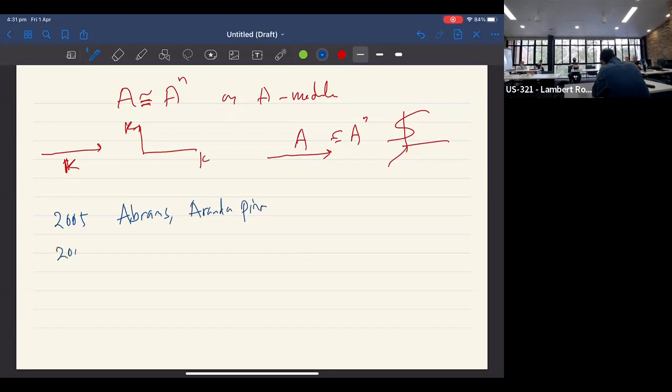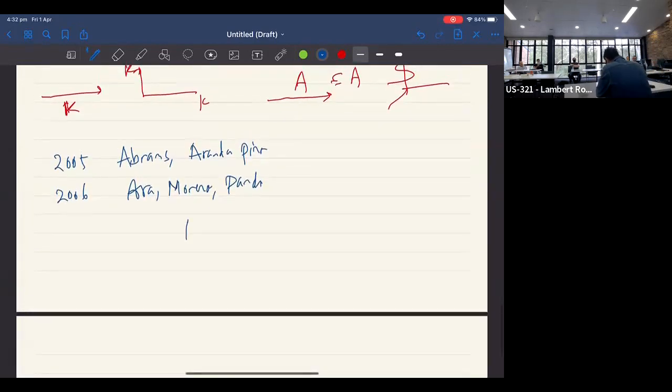And then 2006, Ara from Barcelona and his co-workers Moreno and Pardo came up with the Leavitt path algebra, which is the algebraic version of graph C-star algebra. And I'll just give you quickly a flavor. So here you have a graph E, a directed graph, and you associate an algebra.